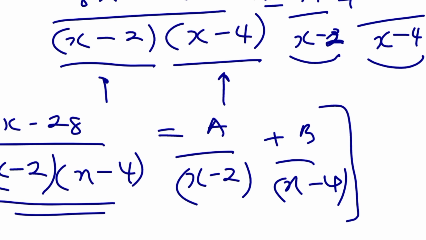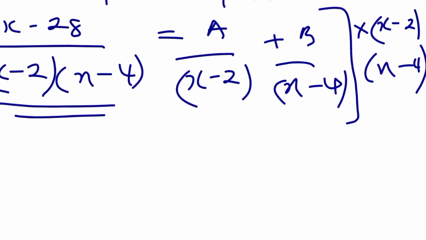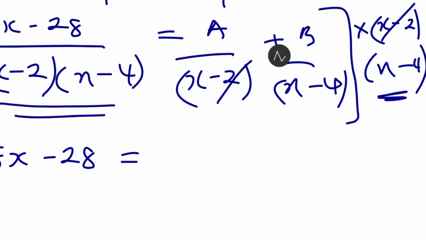So we are multiplying both the left hand side and the right hand side by x minus 2 times x minus 4. As we are doing that, this value on this side is going to cancel everything below here. So we end up with 8x minus 28 equals, now the x minus 2 is going to go with this a, so we are left with a times x minus 4.